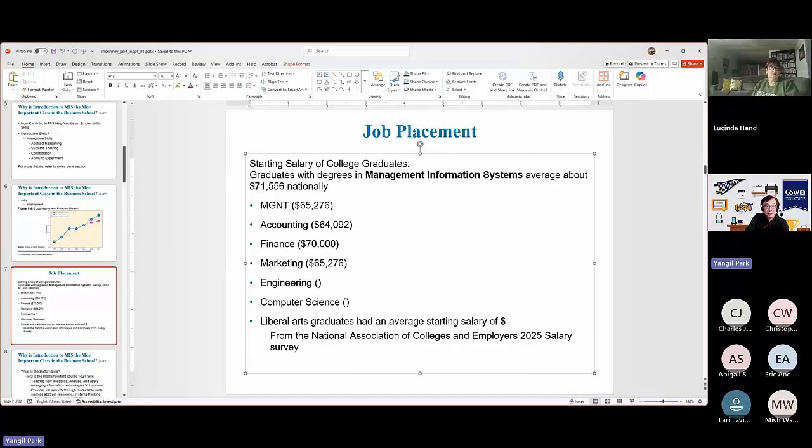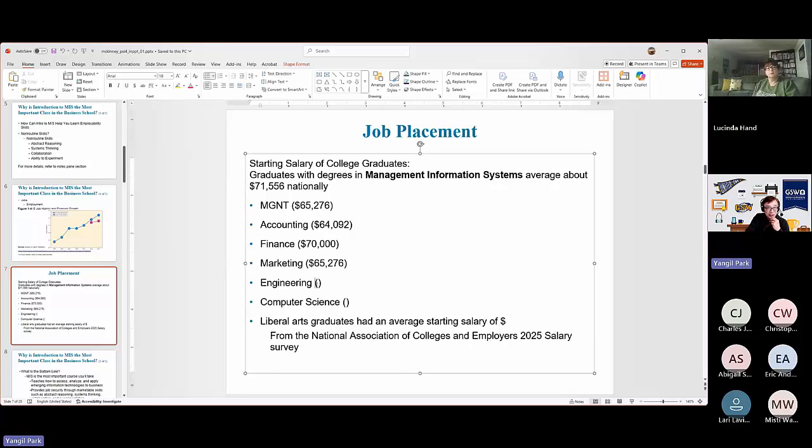This is the national average of 71,000, management 65,000, accounting 64,000, finance 70,000. So in terms of benefits and salary, I think you can take advantage of it if you look at these statistics.